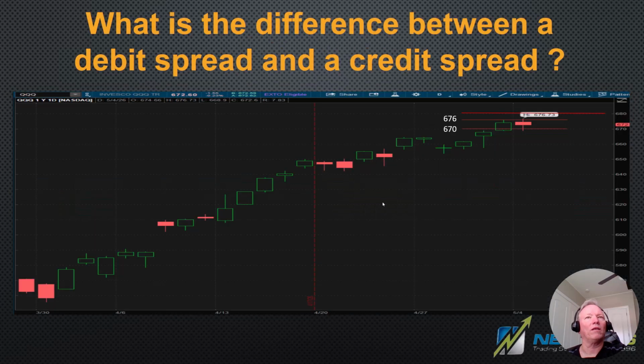So these again are ways in which we can take advantage of strategies that anticipate moves either higher or lower and within ranges, and both of them are very forgiving because we have time on our side. We're not buying a straight put or call, and so therefore we don't have the full exposure of the volatility that can happen in this range until it gets to where we anticipate it going, somewhere around the 680 level.